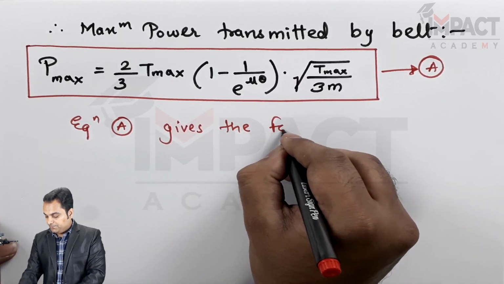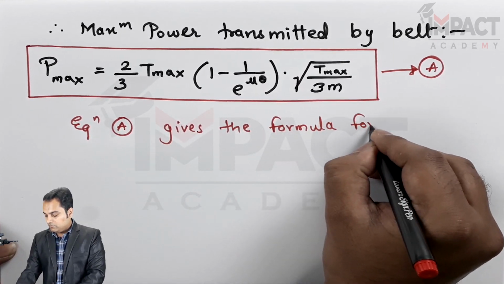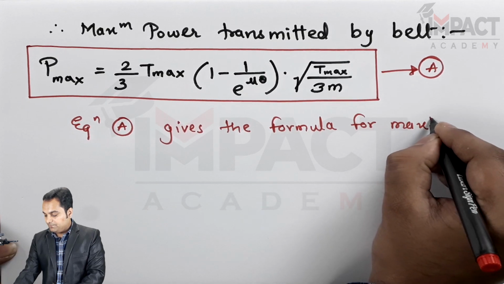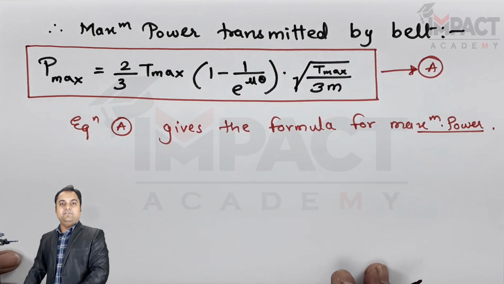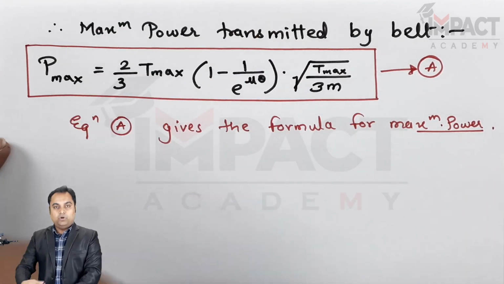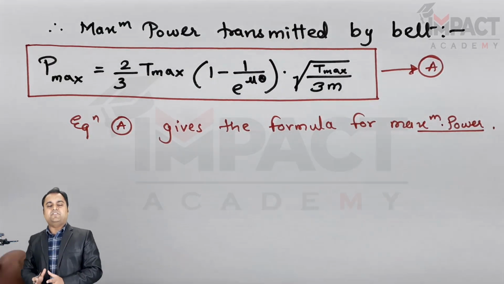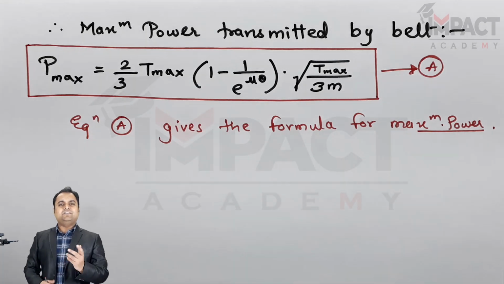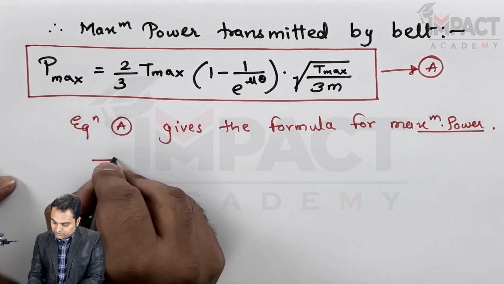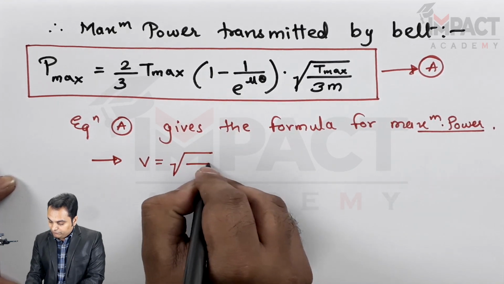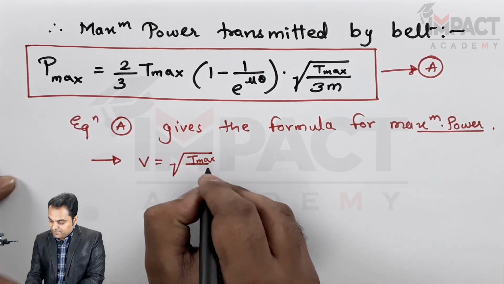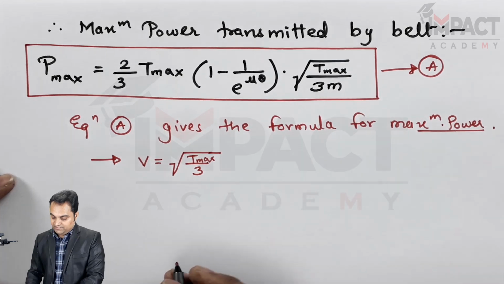the formula for maximum power transmitted by belt drive, and the conditions we have achieved for maximum transmission of power are the following. The first requirement is that velocity should be root of Tmax by 3m, as we have seen.